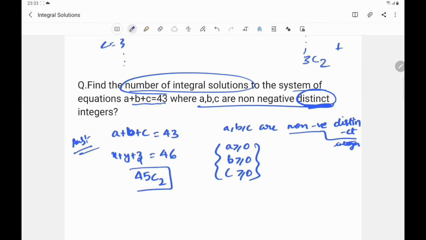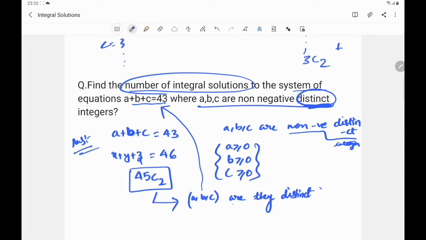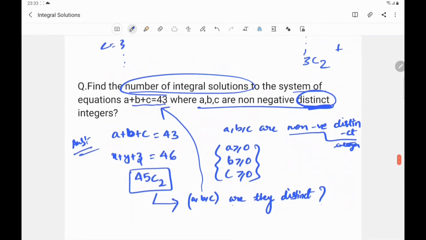When we have done this, we have not taken into account whether the triplet we are forming, say a, b, c, that is solving this equation, are distinct or not. We do not know. So now let us solve that part here.